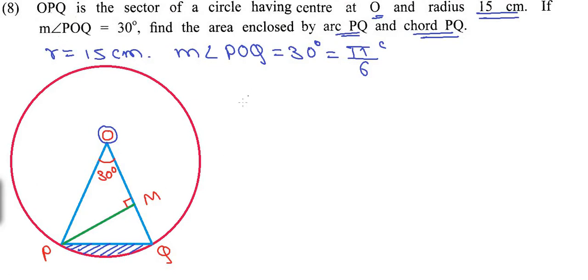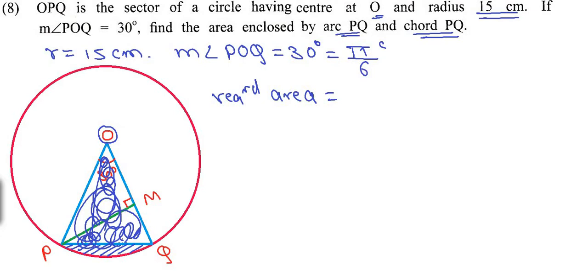It is very clear from the diagram that the required area is equal to, now consider the area of the entire sector. If we calculate the area of the entire sector, we get this whole area.